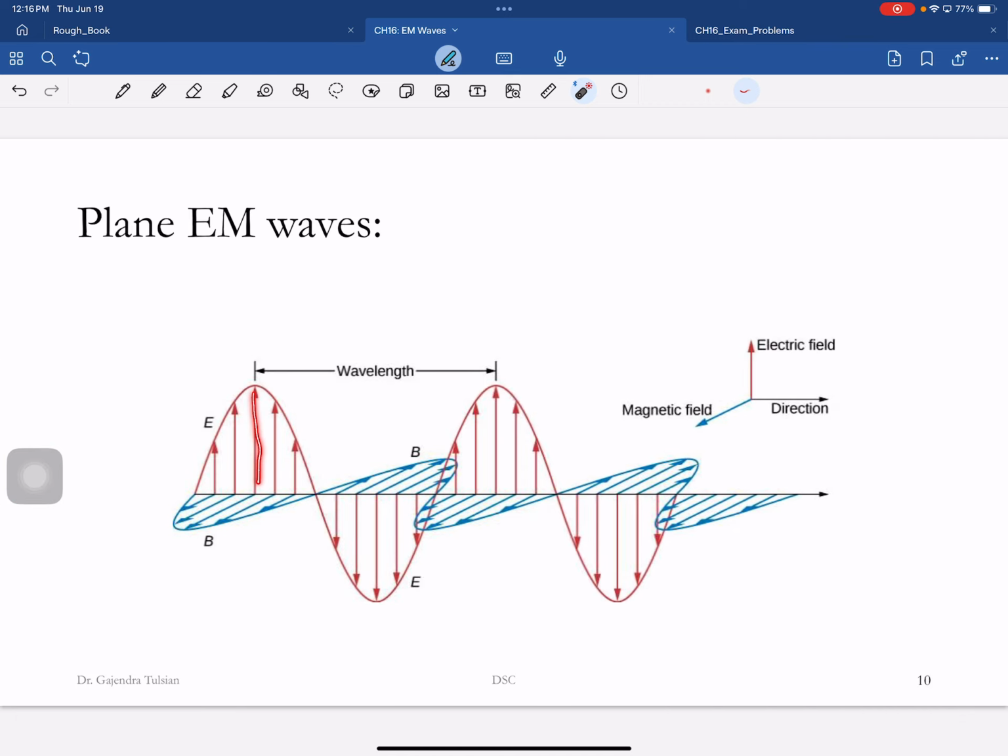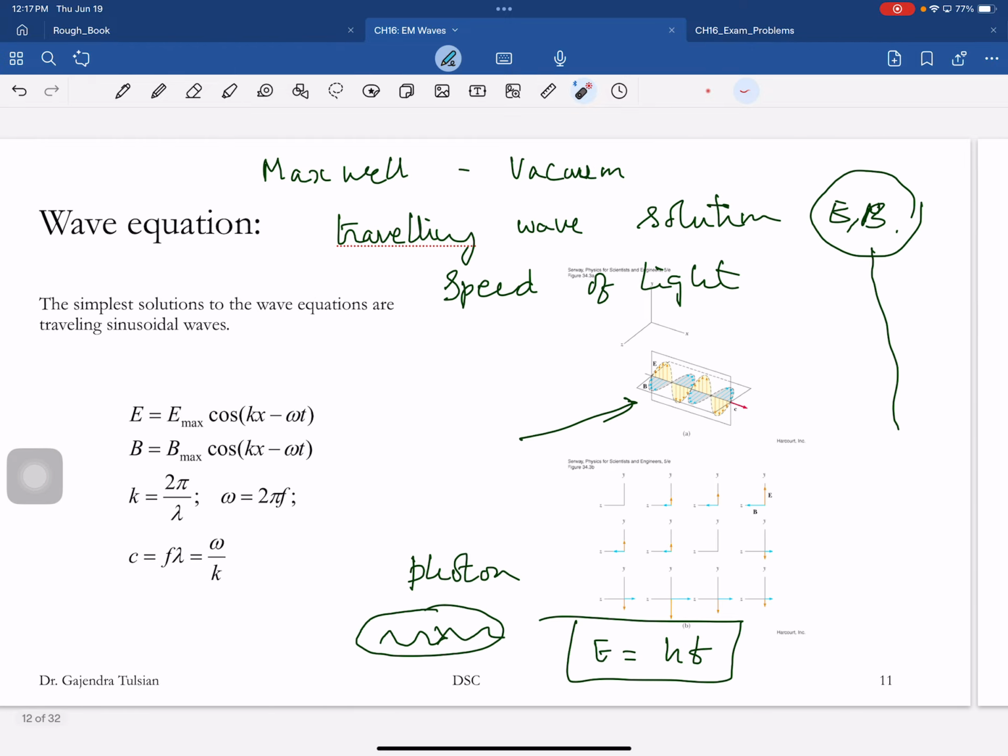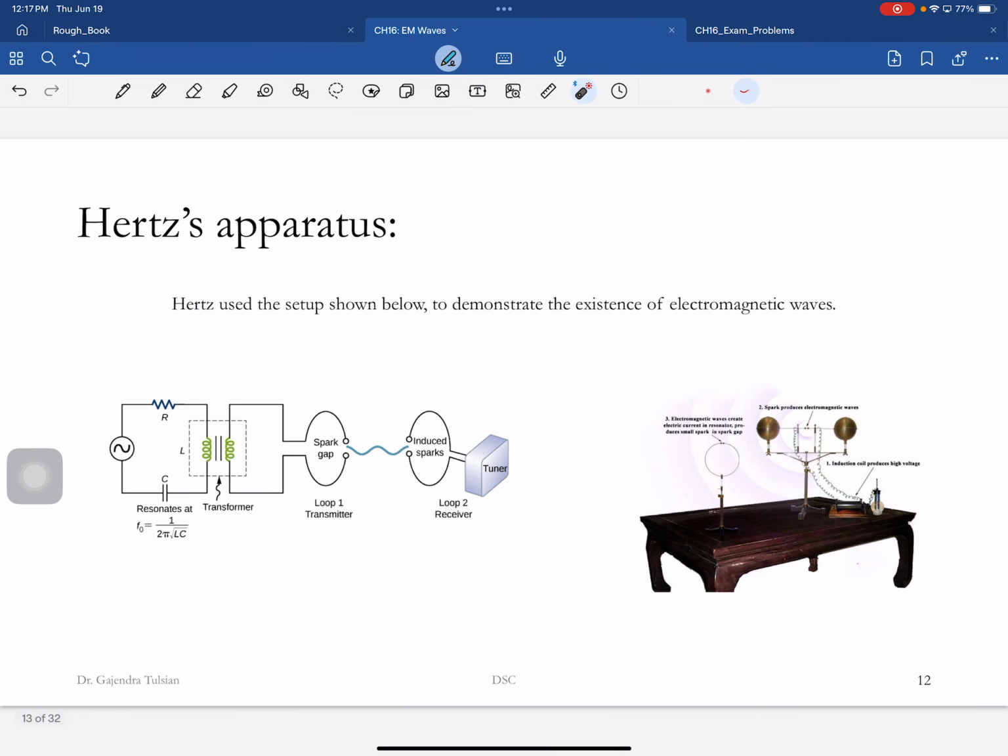So the electric field is like that, the magnetic field is like that, and that is the direction of propagation. Okay. So these solutions were predicted by those equations. And so Maxwell predicted these propagating solutions, and all waves carry energy. We knew that.